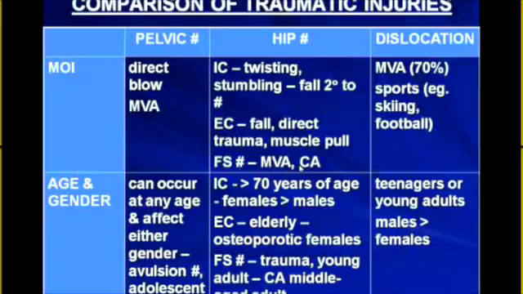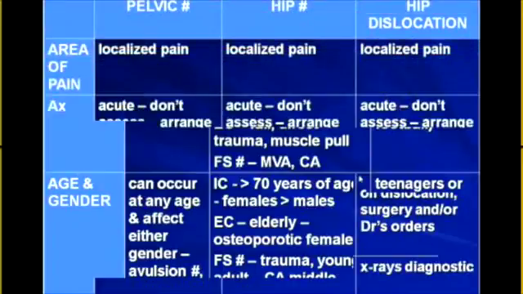Extracapsular fractures, again, are more common in postmenopausal osteoporotic females. Femoral shaft fractures are more common in young adults, especially, again, in the middle of the femur, associated with cancer. Dislocations are definitely in teenagers and young adults involved in high-speed sports.